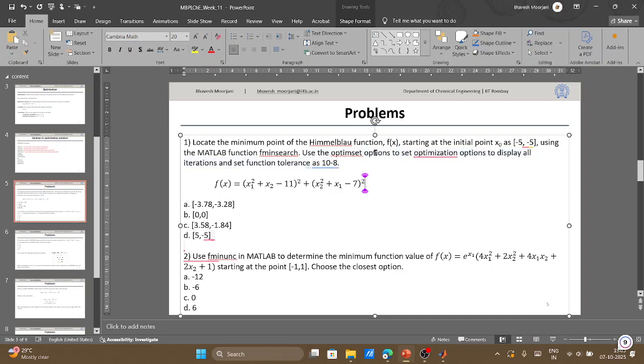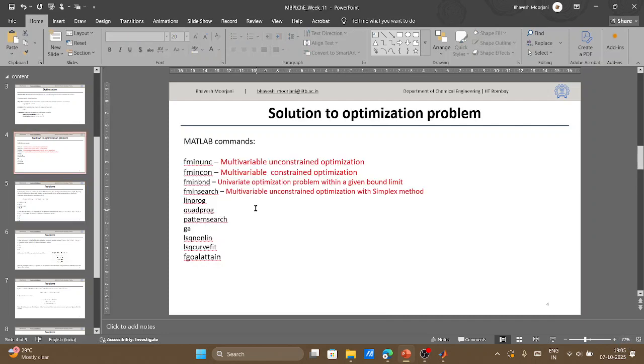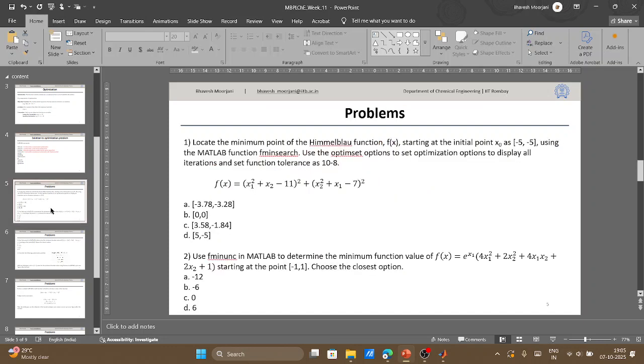So first let's solve it normally, and then we will use this optimset option. So here we have been asked to use fminsearch. Now what fminsearch does is it is again the multivariable unconstrained optimization problem, but it's specifically with the simplex method. Then we will compare this fminsearch with fminunc and try to see what difference we are getting, right?